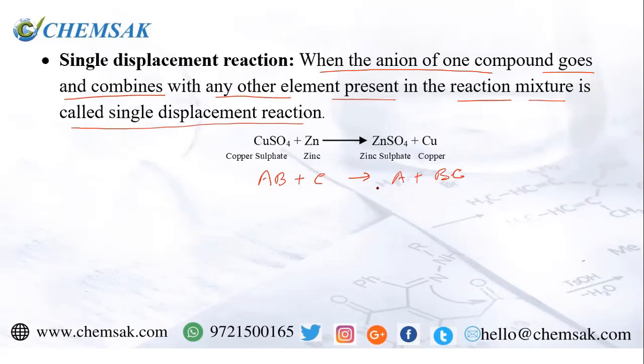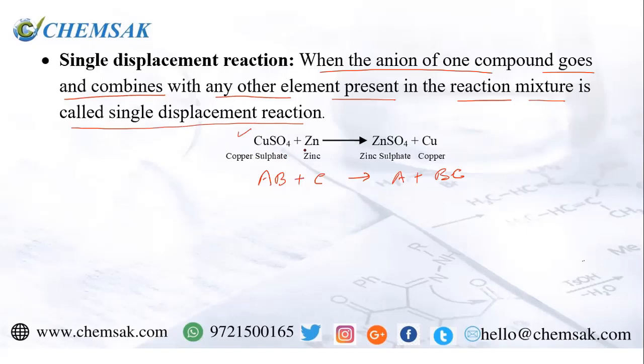An example is copper sulfate reacting with zinc, converting into zinc sulfate and copper. You can take care of this reaction in one manner only.